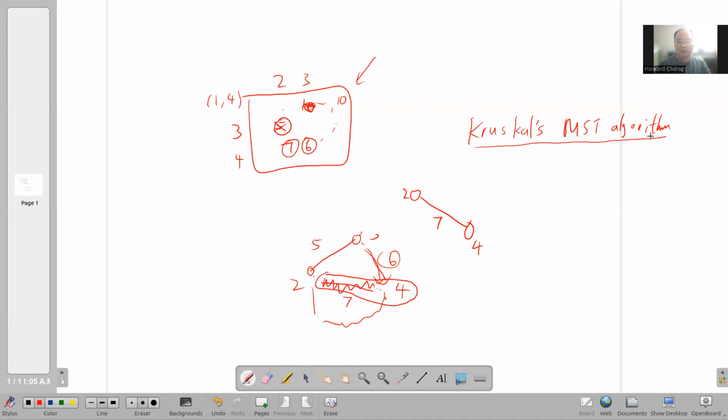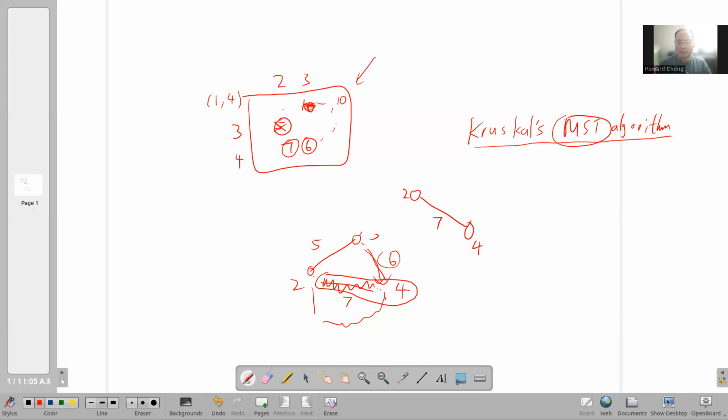You run Kruskal's algorithm, and it will just pick out exactly the edges that you need, which is the minimum spanning tree. If you haven't seen Kruskal's algorithm, perhaps that's a little bit harder to know. But if you've seen the MST concept, even if you haven't seen Kruskal's algorithm, that's what you need to do.